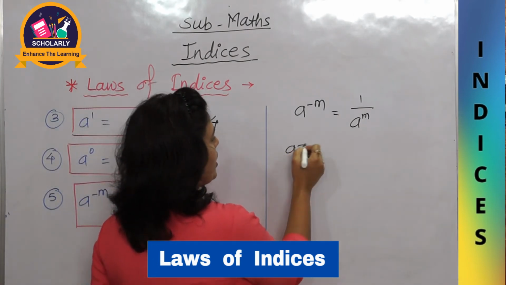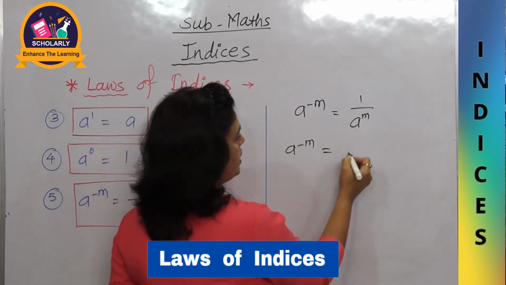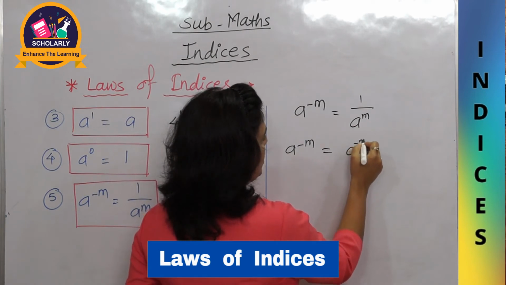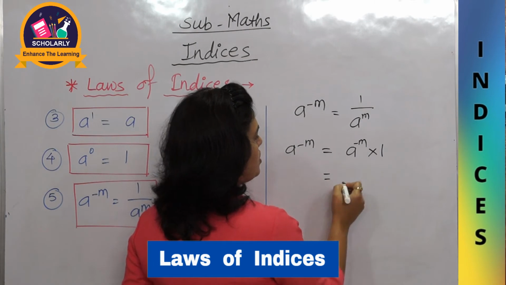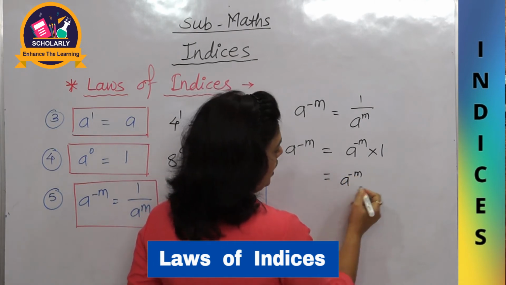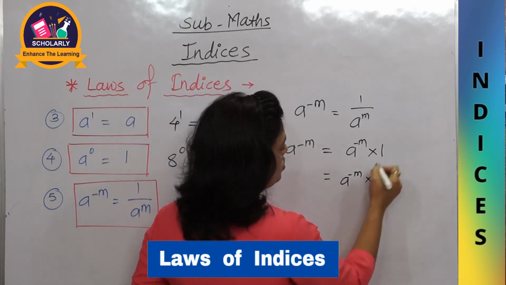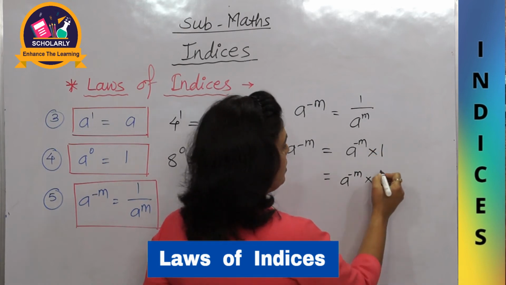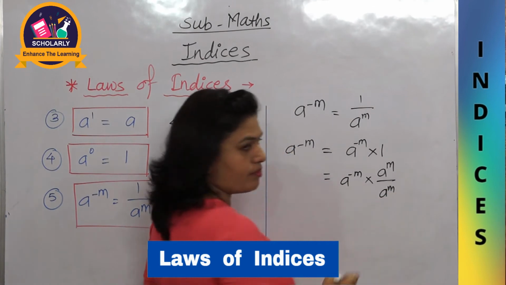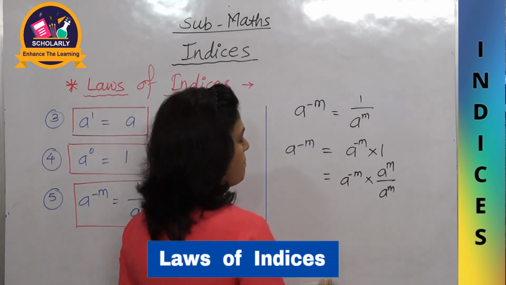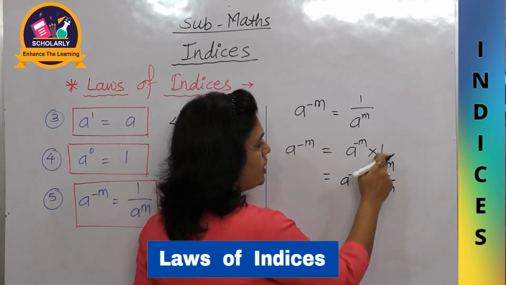So a raised to minus m, we can also write it like this, a raised to minus m into 1. This 1 also we can write as, instead of this 1, let's write a raised to m by a raised to m. The value remains the same, a raised to m by a raised to m, that is 1.